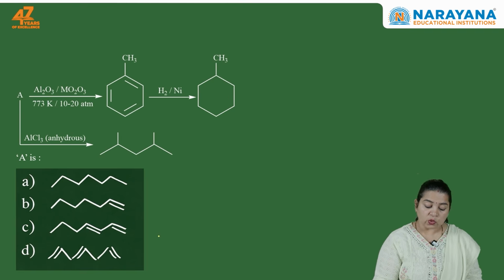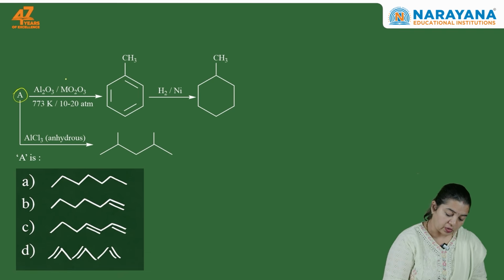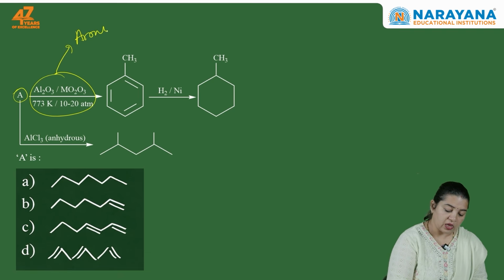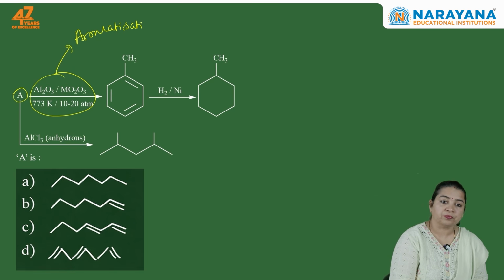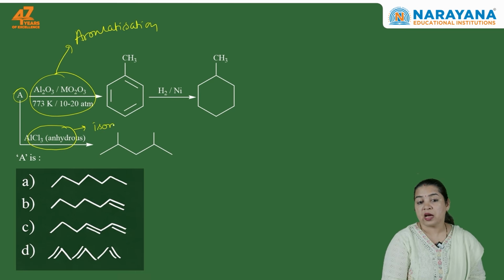Coming to this next question, this question is from your 11th portion, hydrocarbon chapter. See, the same compound is subjected to Al2O3, Mo2O3. This is an aromatization reaction, right? And AlCl3 anhydrous, if we heat with this, then it is an isomerization reaction.